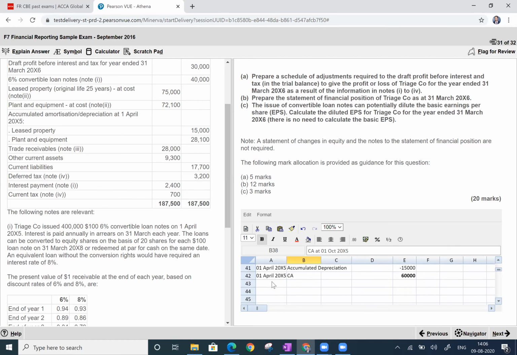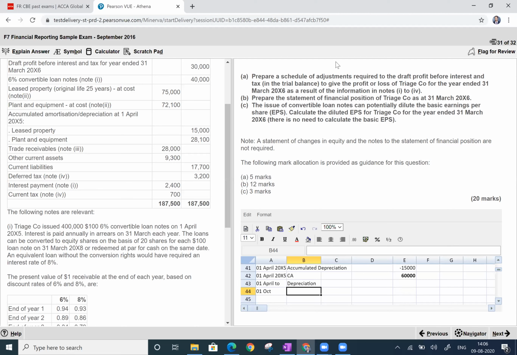So what should you do? You have to depreciate from 1st April to 1st October. April, May, June, July, August, September. Don't take October because it's 1st October. So you have to further reduce depreciation.